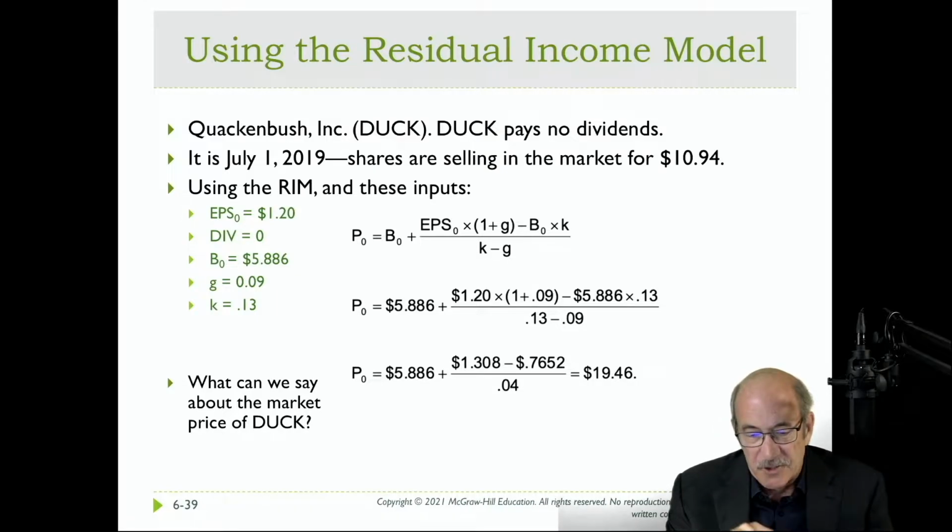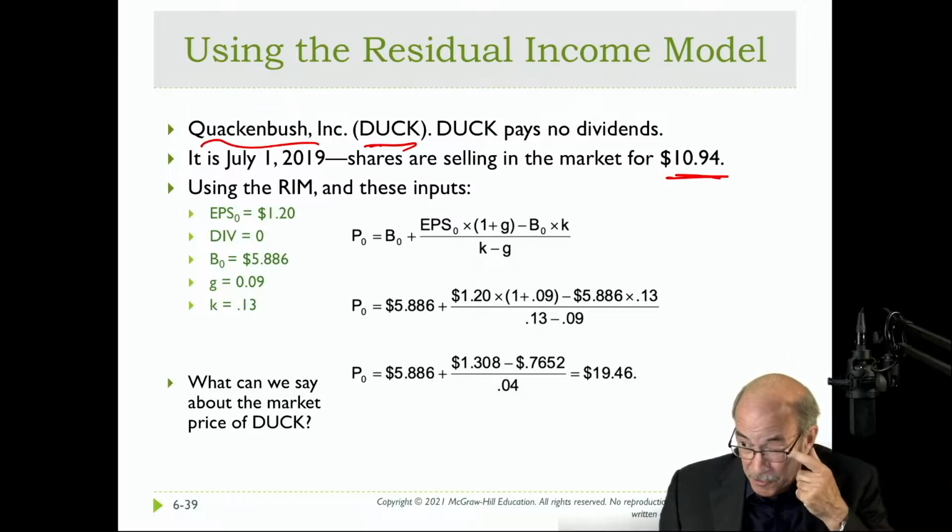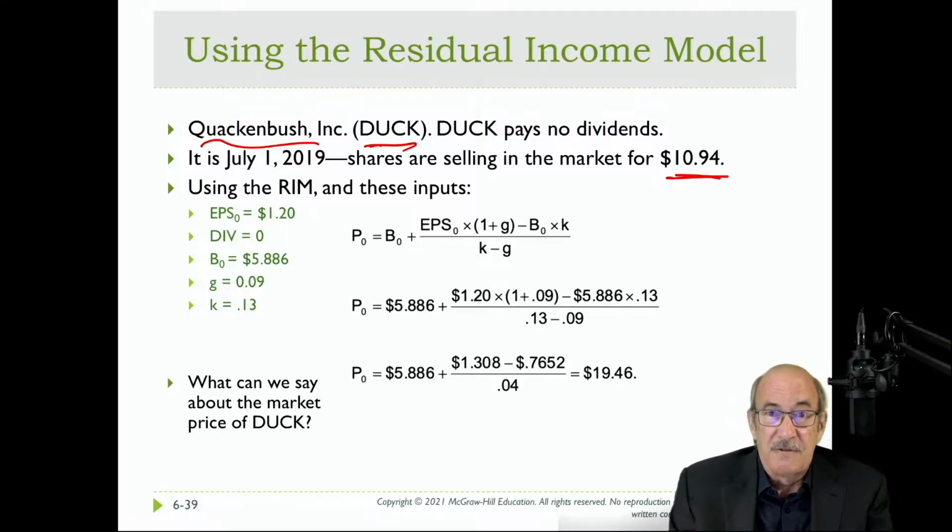All right. Here's a brief example. I'm going to walk through this. So we've got Quackenbush, also known as DUCK. They have shares selling in the market at $10.94. We're going to use the residual income model to value those shares and see what we come up with for a value.